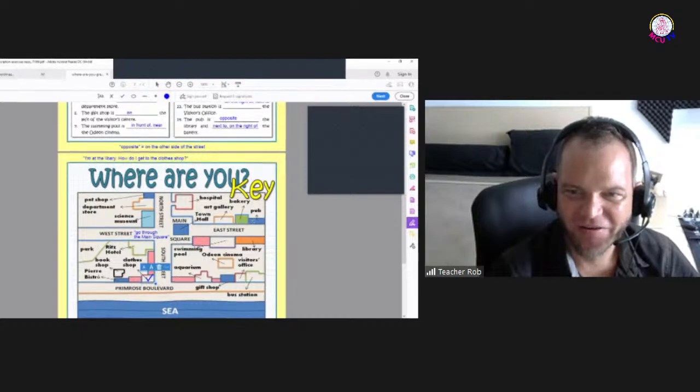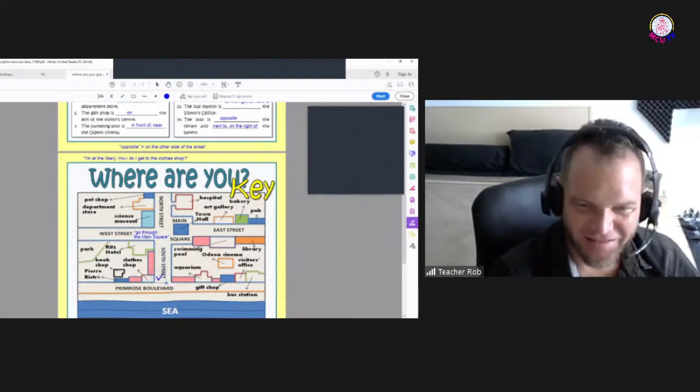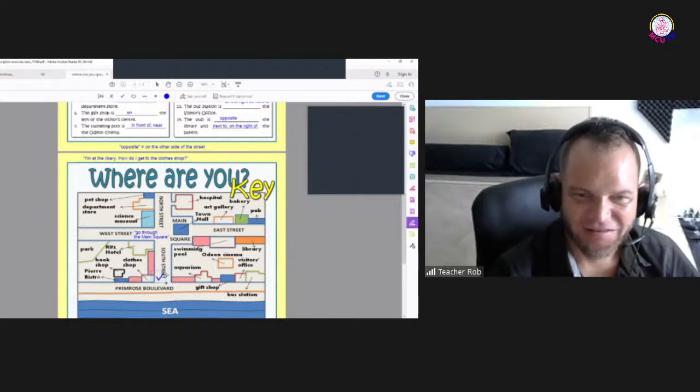Okay, so I'm at the library. Turn left on South Street. Good. And the clothes shop is on your right. Yep. So it is on your right, the right side of South Street.